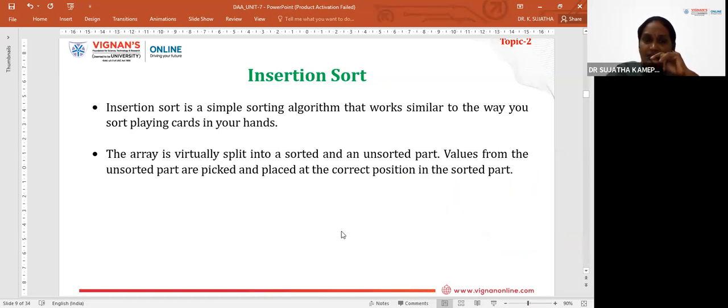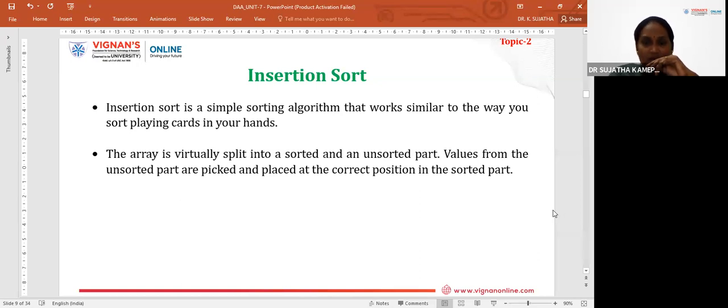In this case, the array is virtually split into a sorted and an unsorted part. The values from the unsorted part are picked and placed at the correct position in the sorted part. This is called an in-place comparison-based sorting algorithm.